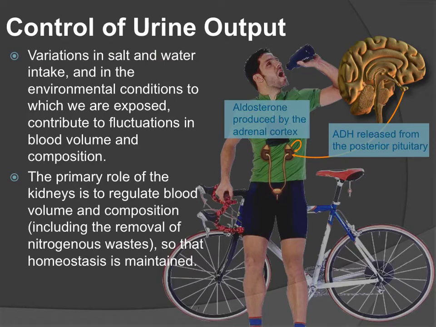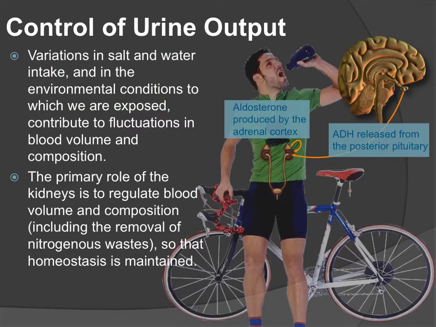So just before we go onto the next slide, this is emphasising that it depends on what we eat and drink, the salt and the water content of what we take in, as well as the type of environmental conditions we're exposed to.